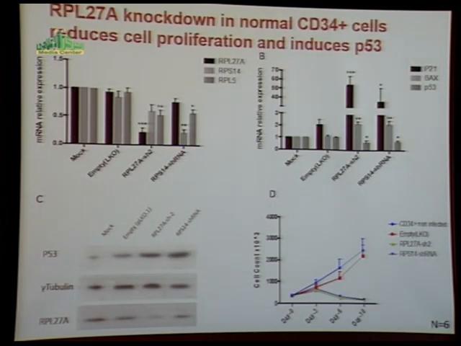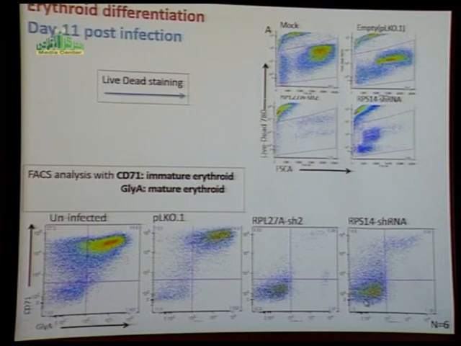Similar to what we saw in the cell lines, we see it again in the CD34 cells, or hematopoietic stem cells: activation of p53 and a reduction in the cell count.